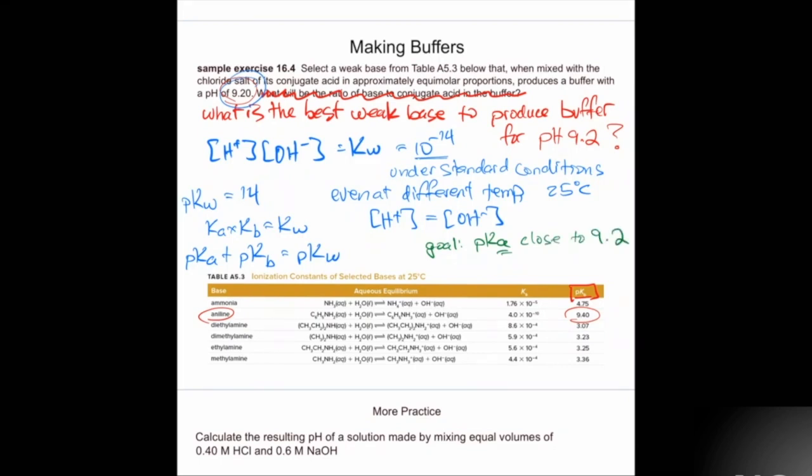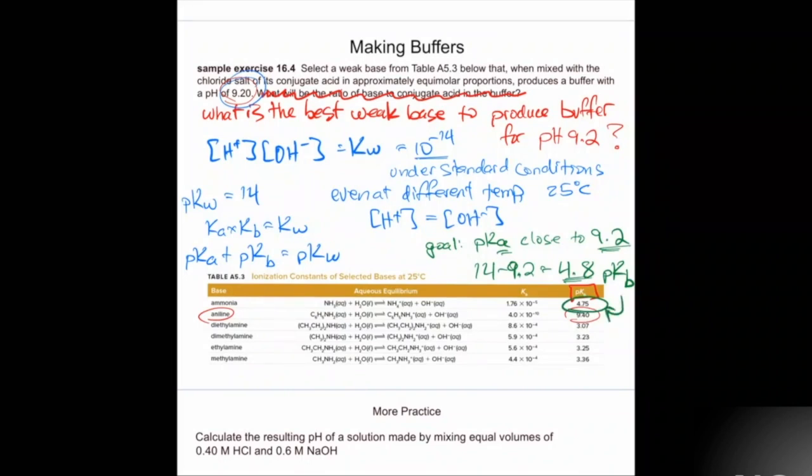So which one is that going to be on this table? You do 14 minus 9.2, what is that, 4.8? That's going to give me the pKb that's close to 4.8, which is still the first one. It's ammonia. Does that make sense?